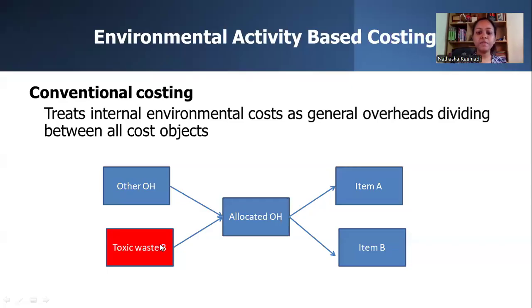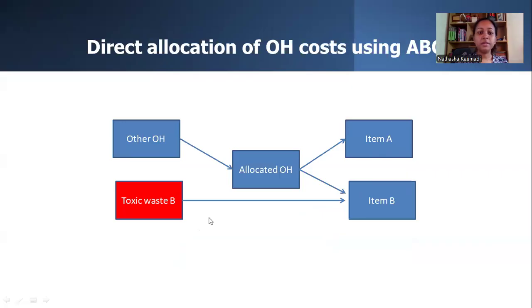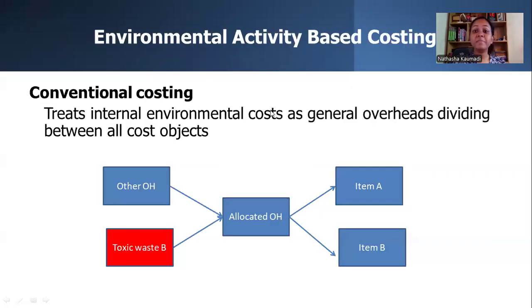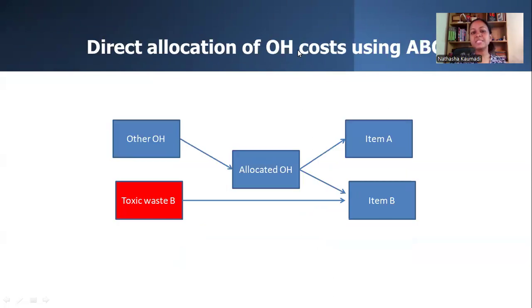But when it comes to activity based costing, environmental activity based costing, the concept is if you have monetary values given for negative environmental consequences, especially with regards to item B, that should be allocated to item B only. Otherwise, item A cost is overstated, right?